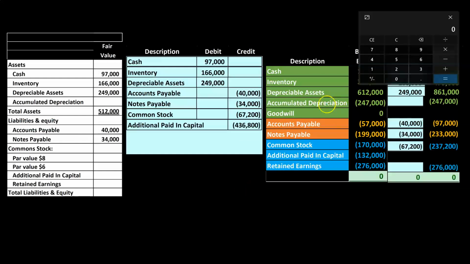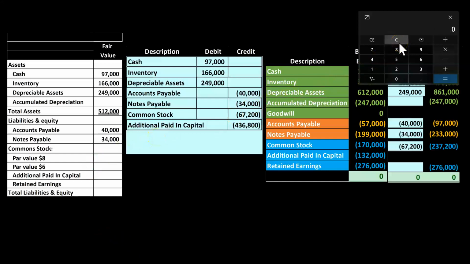Now the common stock, this one is going to be for the amount of common stock we issued, which in the prior slide we saw was 8,400. And we're saying the par value is going to be, again, this was on the prior slide, the $8. So times $8, that's going to be the 67,200. Now you might say, hey, look, this additional paid in capital, we should just be taking what we got.